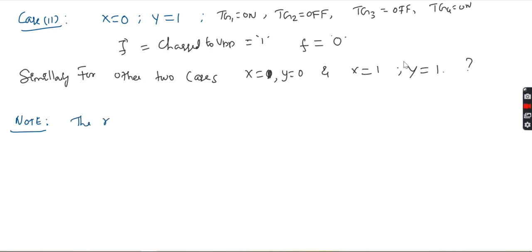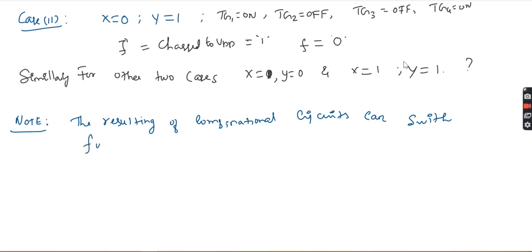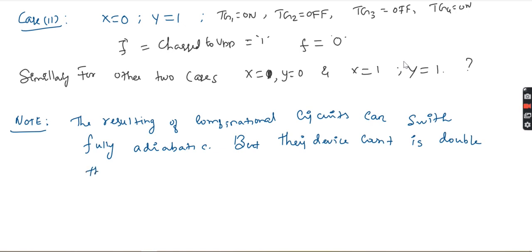The resulting combinational circuits can be fully adiabatic, but their device count will be double that of conventional static CMOS.